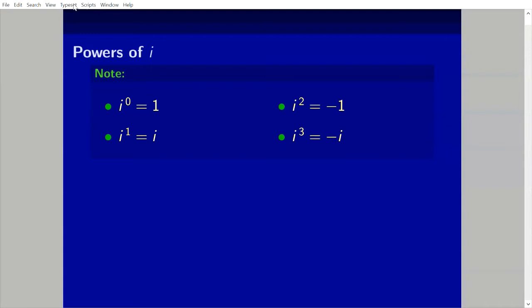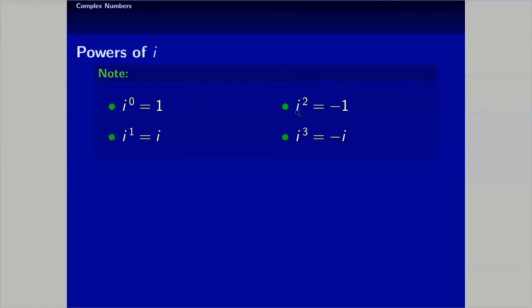And then from the definition of complex numbers, i squared is equal to negative 1. And finally, i cubed is equal to negative i. It's very easy to show that i cubed is equal to negative i. You just write i cubed as i squared times i, and then you will get negative i. That's it. Those four are what you need to memorize.